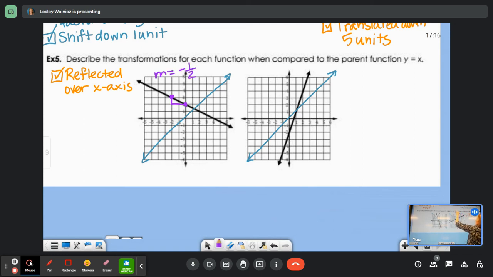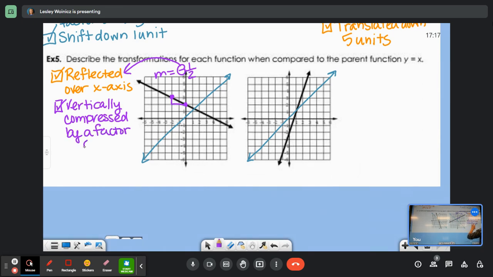Okay, I already took care of the negative when I said that it was reflected, but I have to tell what that 1/2 does. The 1/2 tells me how much my function got vertically compressed. Okay, so I have to say vertically compressed by a factor of 1/2.